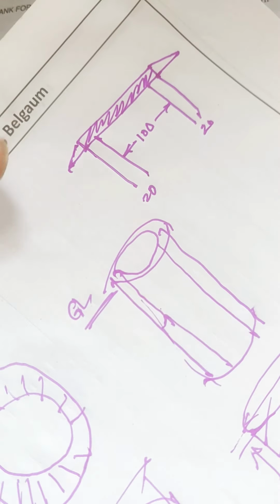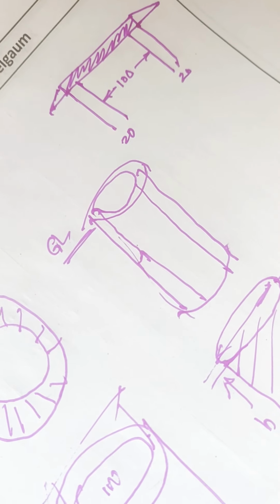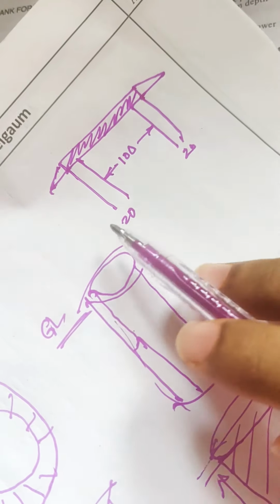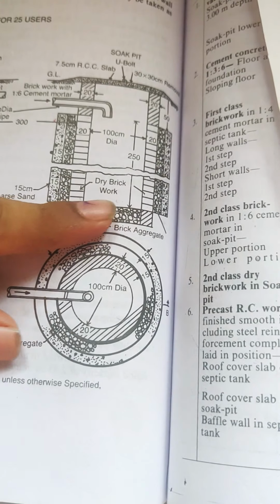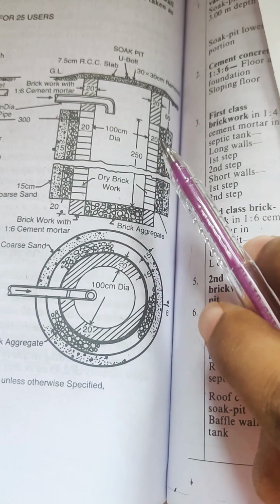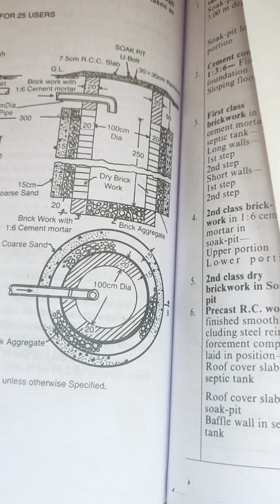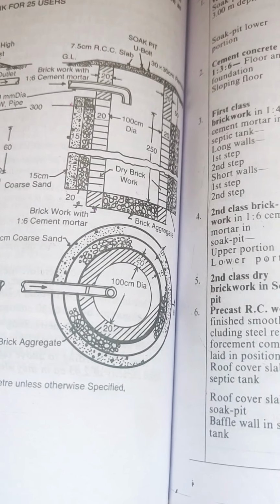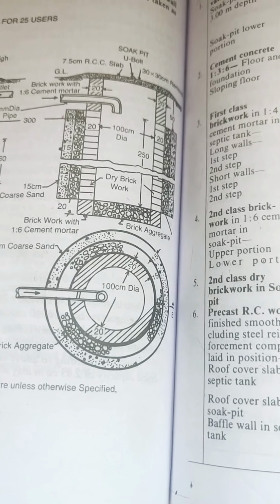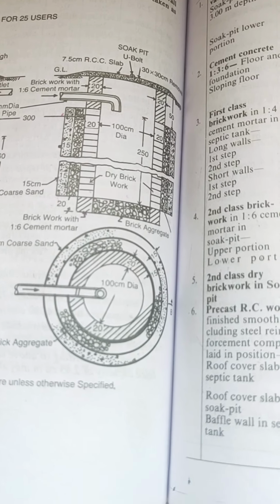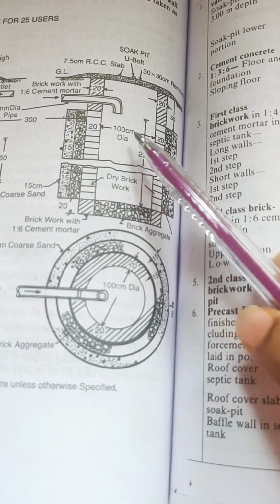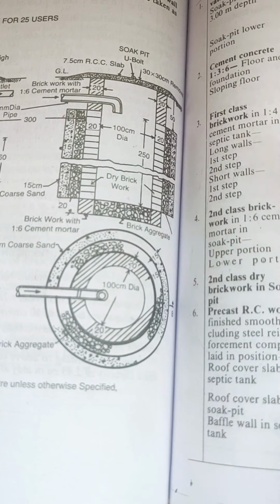So what will be the length for this? So this will be 20 plus 100 plus 20, 140, that is 1.4 meter. You can see here 20 plus 100 plus 20, right? I'll show you once again. So 20 plus 100 plus 20, this is the RCC slab.